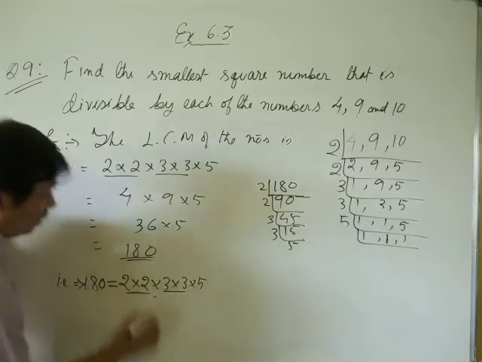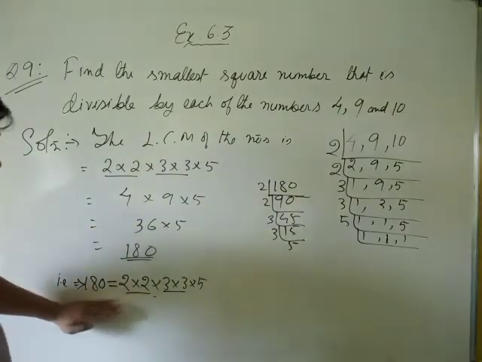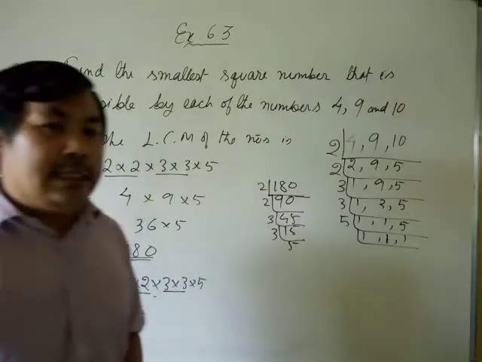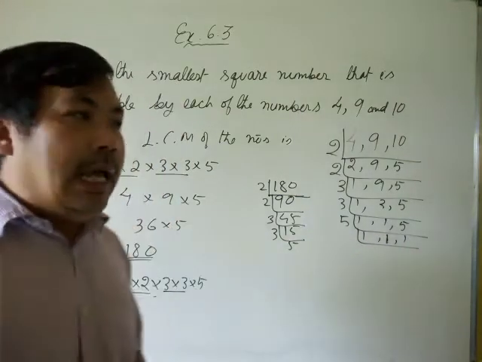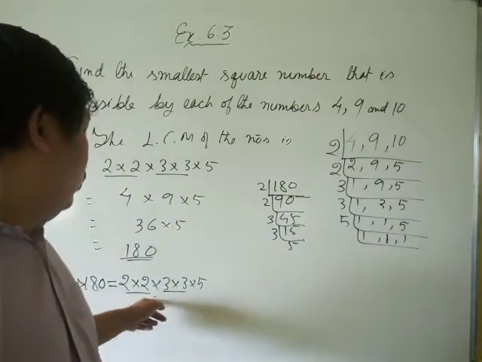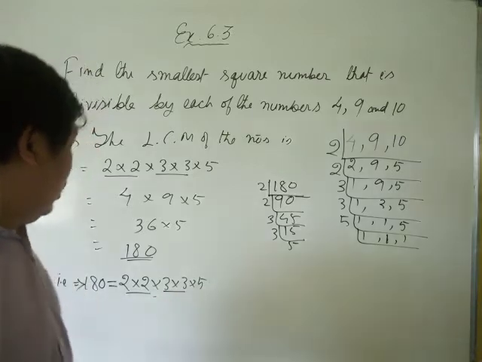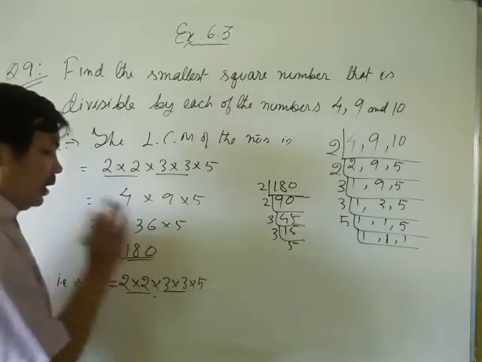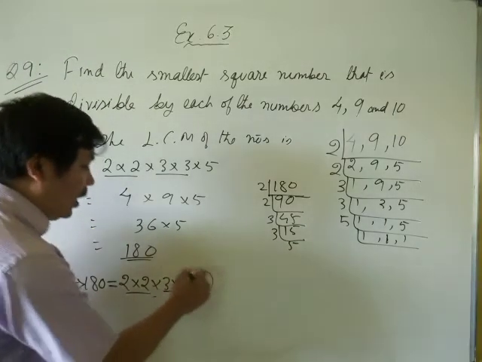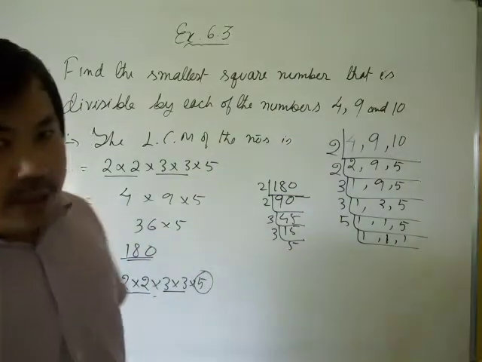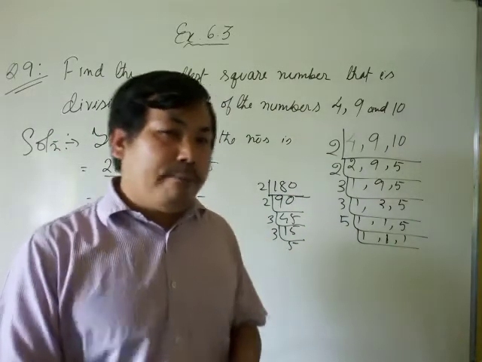Now you see here the prime factors of 180, which is the LCM: 2 into 2 into 3 into 3 into 5. So 2 and 2 can pair, 3 and 3 also pair, but here one number is unpaired. That means 180 is not a perfect square.